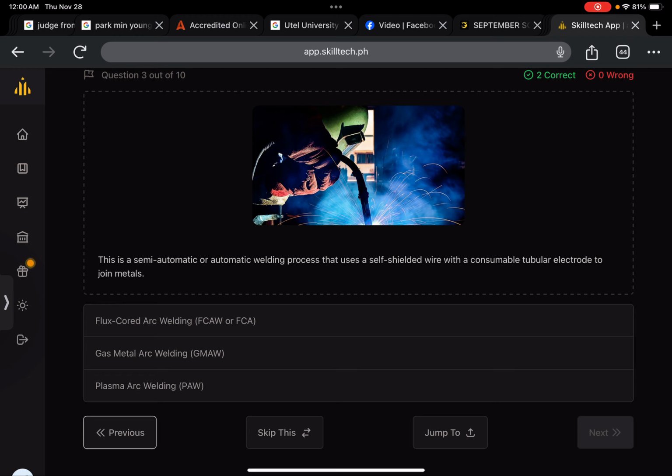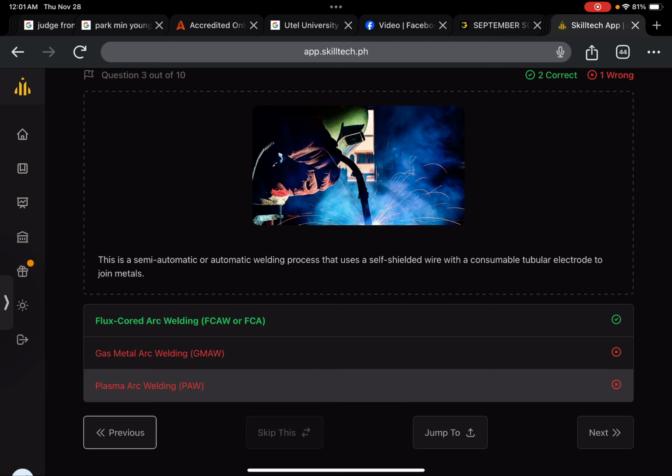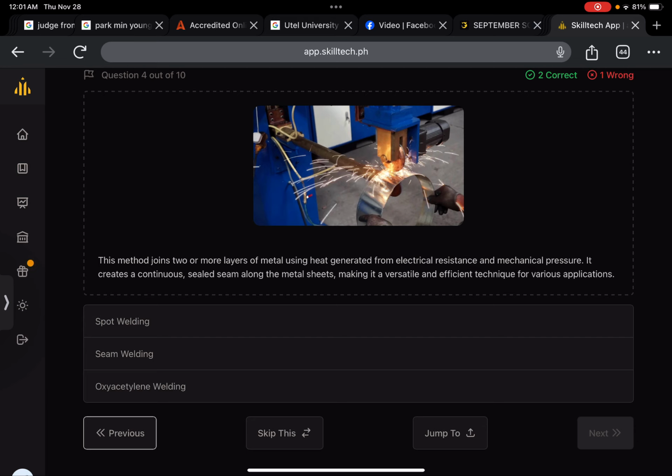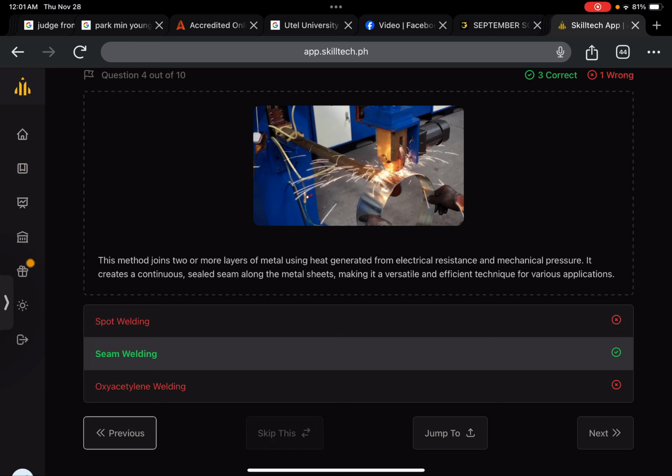Semi-automatic welding process that uses self-shielded wire with a consumable tubular electrode to join the metal. This should be plasma arc. Flux core. Two or more layers: seam welding.